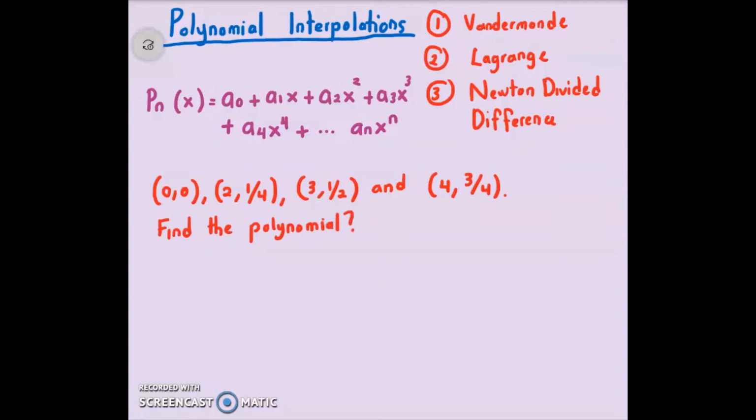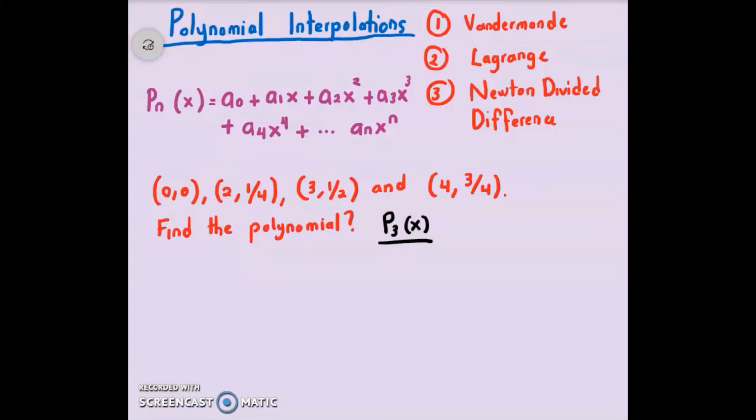We can quickly guess that the polynomial with 4 data points should be degree 3, so the polynomial that you want to find is P3(x). Because 2 data points give you degree 1, linear. 3 data points give you degree 2, quadratic. And 4 data points will give you a cubic polynomial.